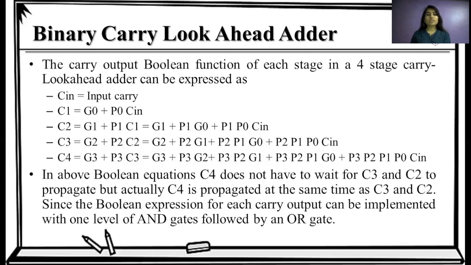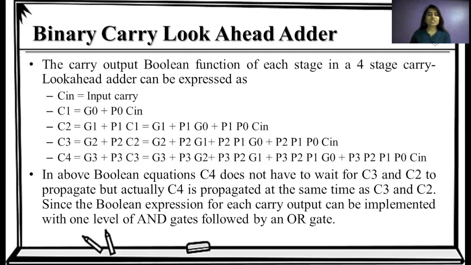In the above Boolean functions, C4 does not have to wait for C3 and C2 to propagate; actually C4 is produced at the same time as C3 and C2, because C2, C3, C4 depend only on G and P terms and Cin, the input carry, not on any previous carry.